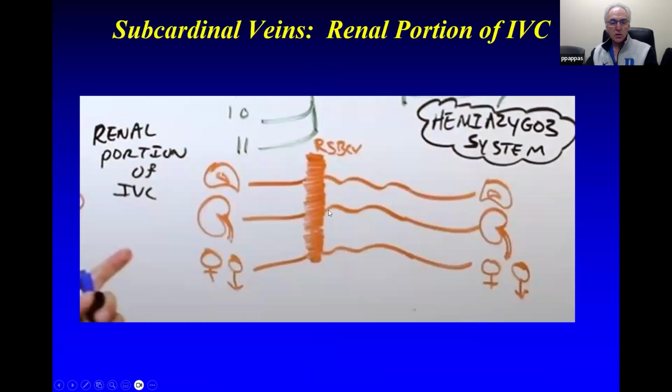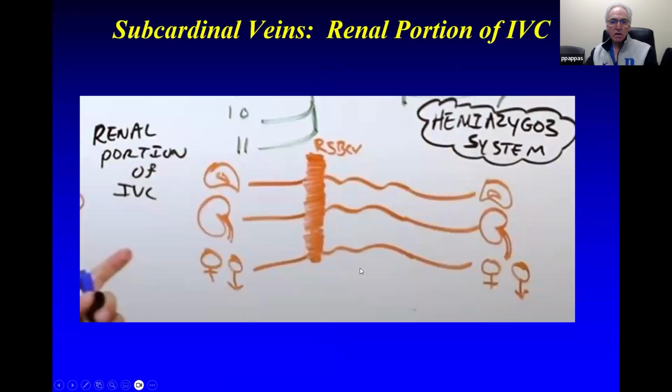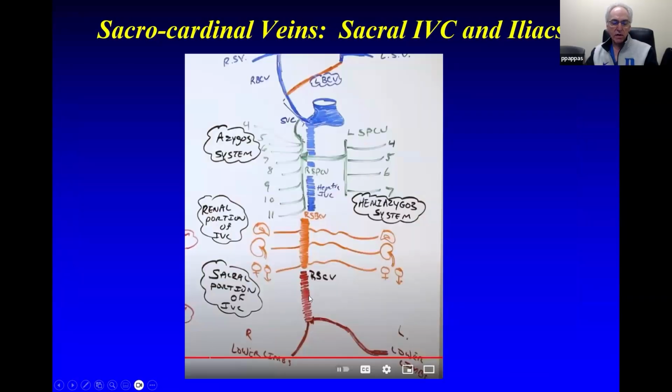All right? So this is the, go back, subcardinal veins. Okay, frequent test question. Then you have your sacral cardinal veins, which form the iliac veins, the beginning of the inferior vena cava. Okay, so remember this. Anterior cardinal veins do all of the thoracic stuff.